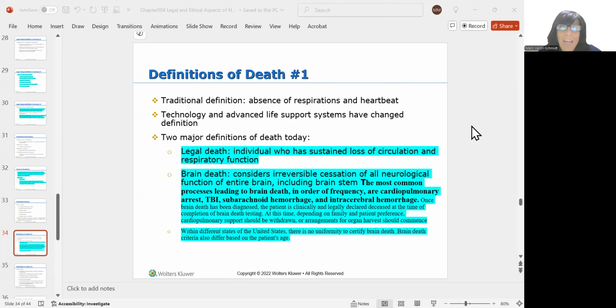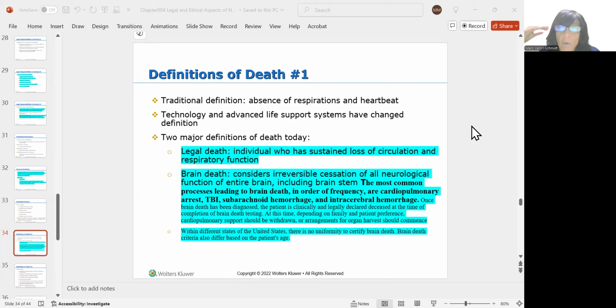With brain death, the actual legal definition varies from state to state, believe it or not. But to try to make it as uniform as I can, I included here the most common processes that lead to brain death: cardiopulmonary arrest, traumatic brain injury, a subarachnoid hemorrhage, and an intracerebral hemorrhage.